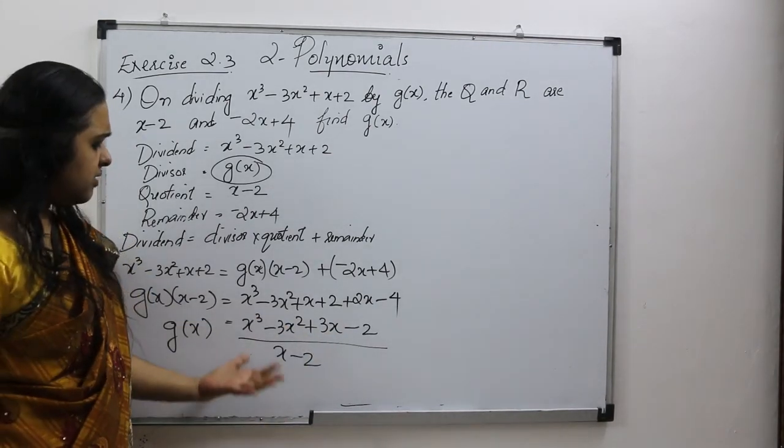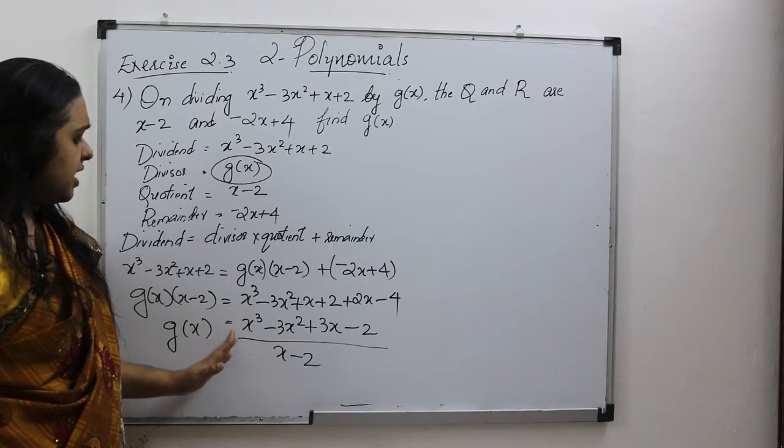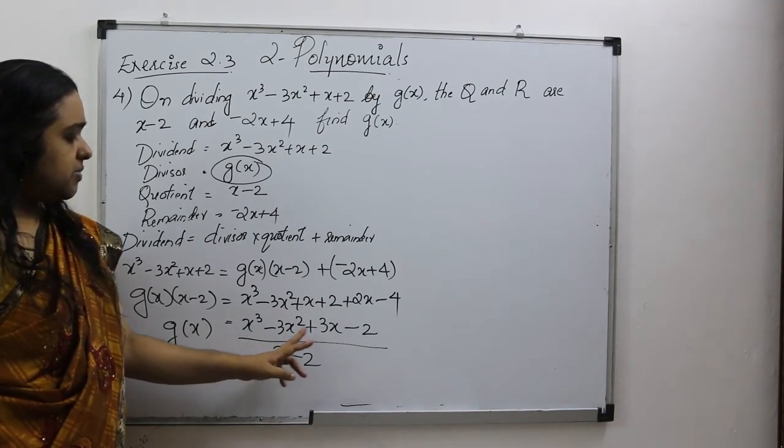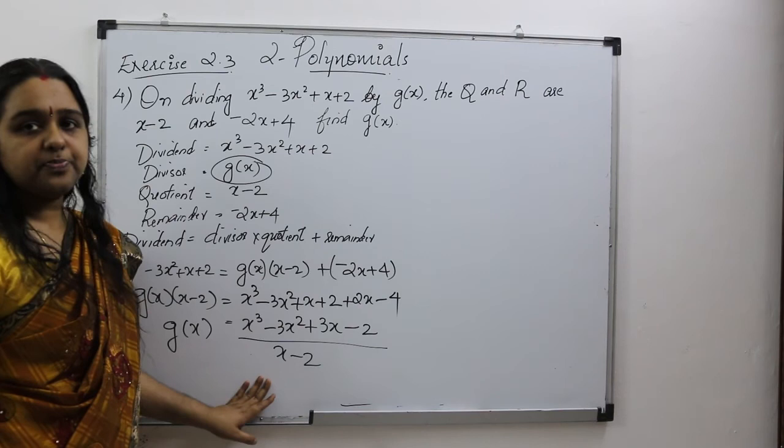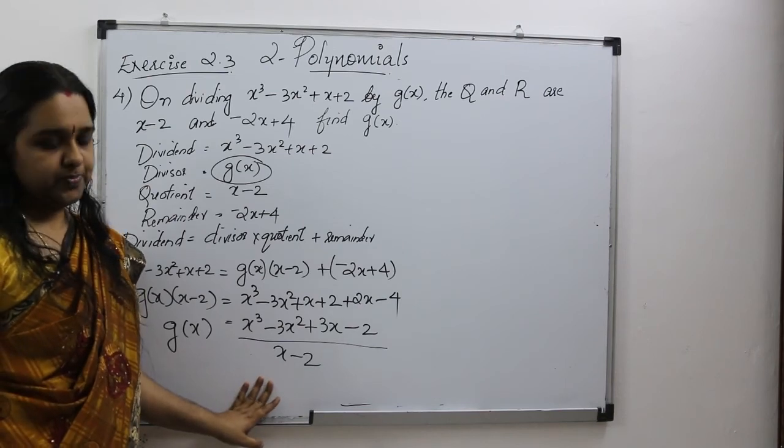Then our division algorithm. We are going to divide x cube minus 3x square plus 3x minus 2 by x minus 2.